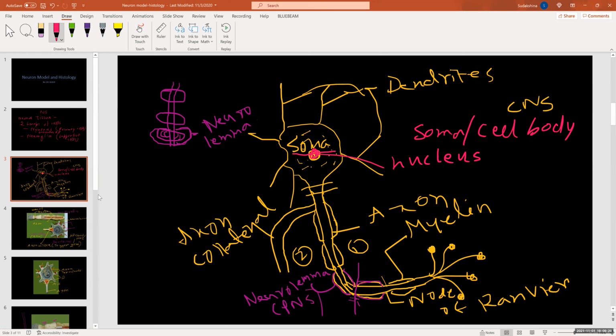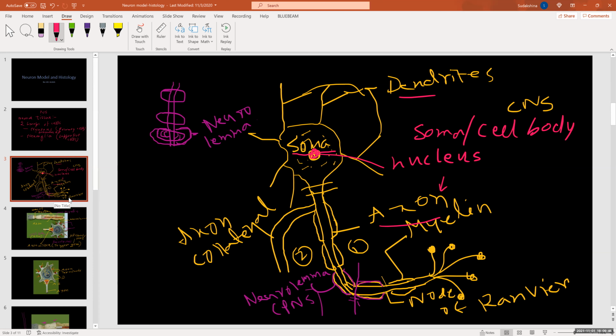And there are many branches. Out of them, there would be at least one very long branch. The shorter branches are dendrites, and the very long branch is the axon. As you can see here, this very long branch is an axon. What does this axon look like?